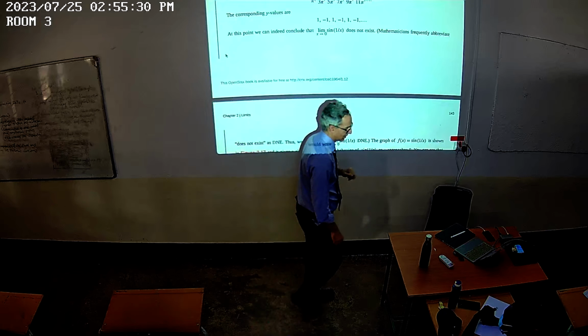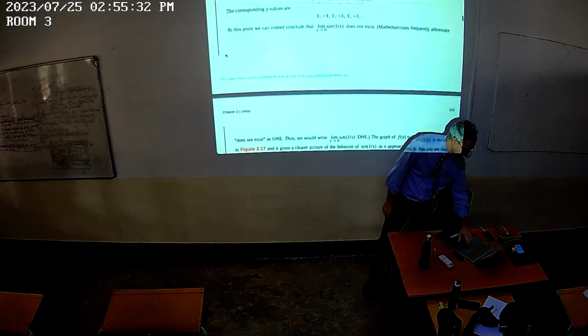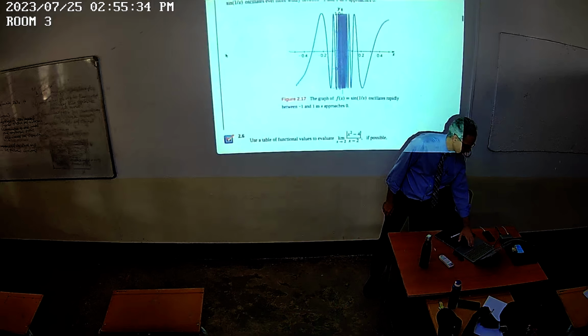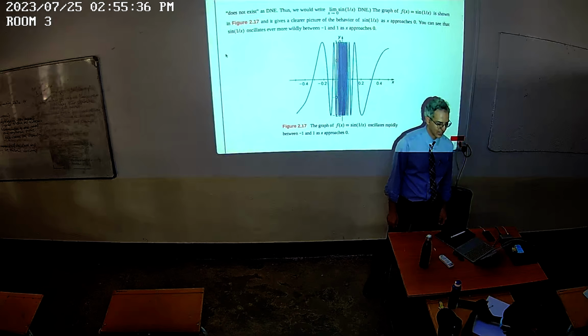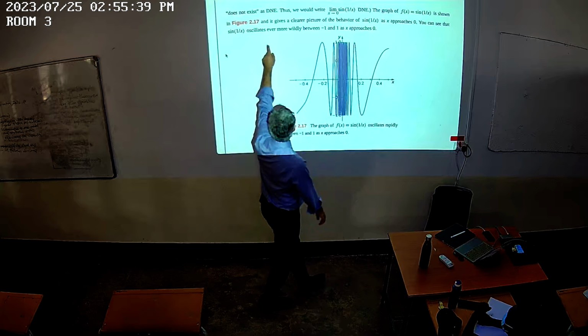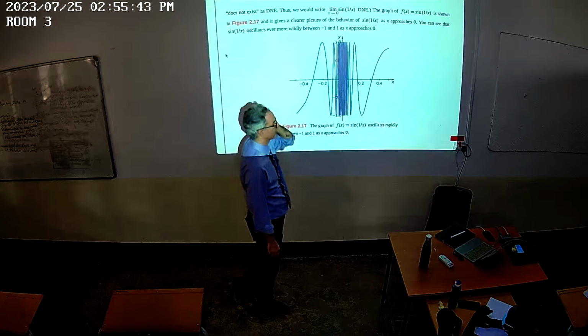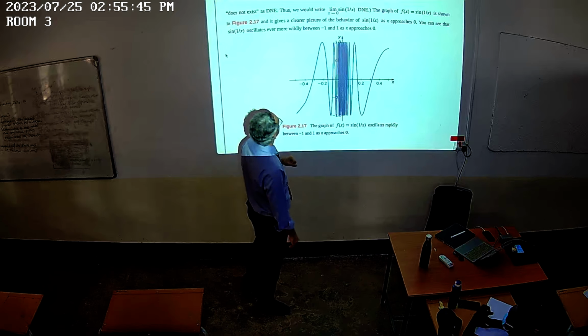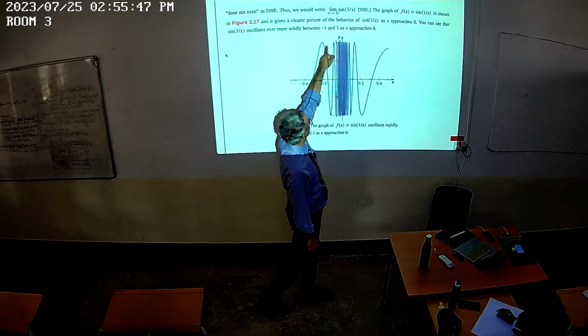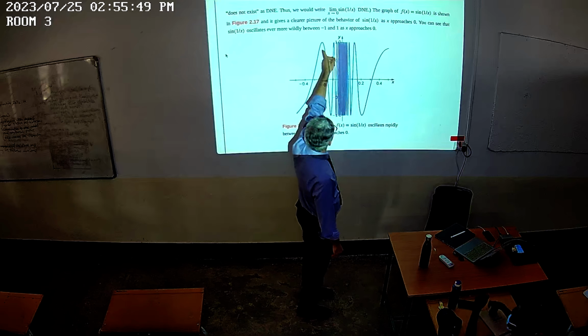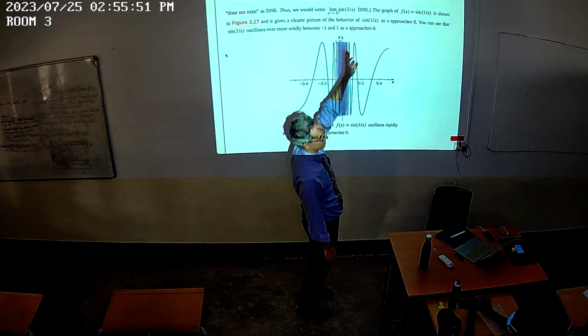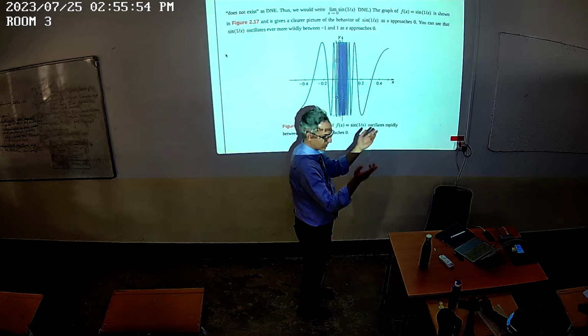And mathematicians frequently abbreviate does not exist as DNE. So if you see capital DNE, it means does not exist. Remember that. So we would write the limit of sine 1 over x as x approaches 0, DNE, does not exist. Not equal to anything, it does not exist.